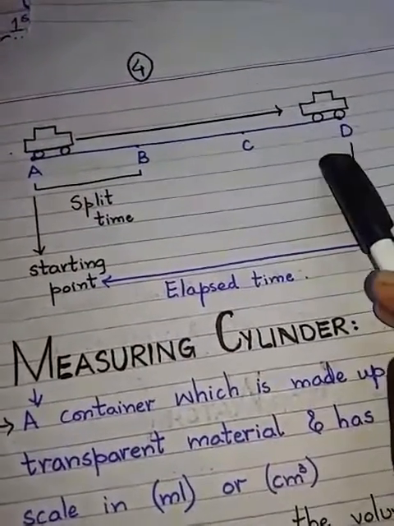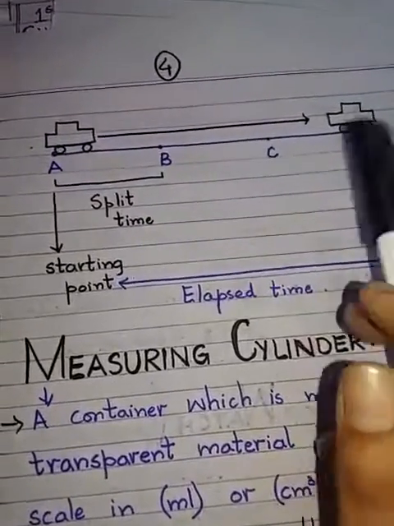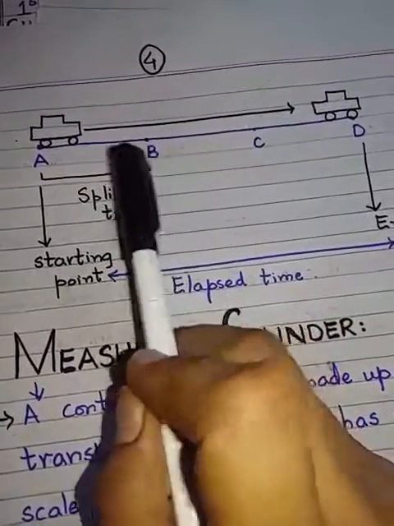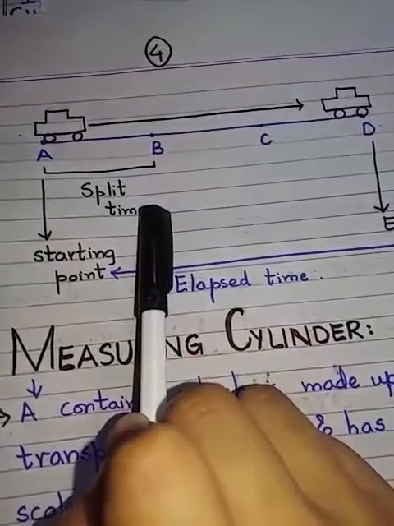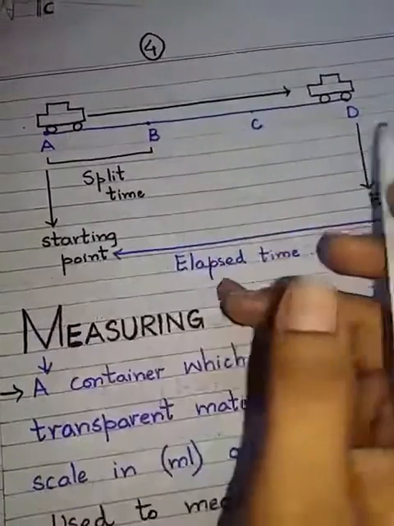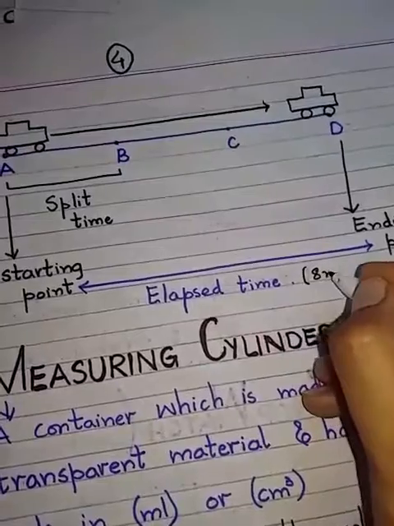If we want to measure the time period at any particular moment, suppose from point A to B, then the time period from A to B is known as split time. Suppose the total time period from A to D is 8 minutes.